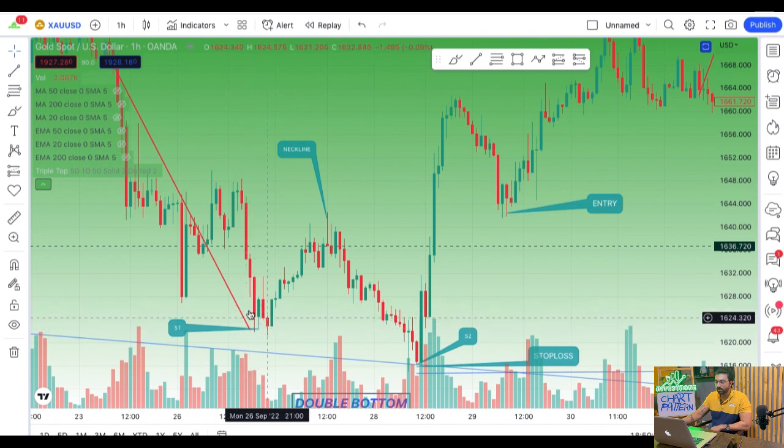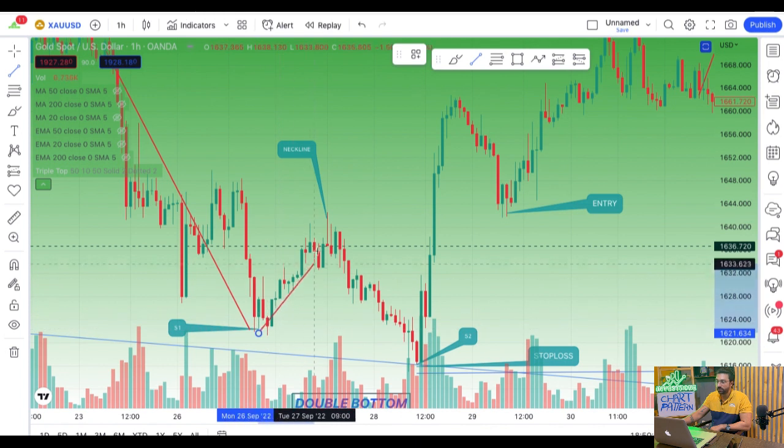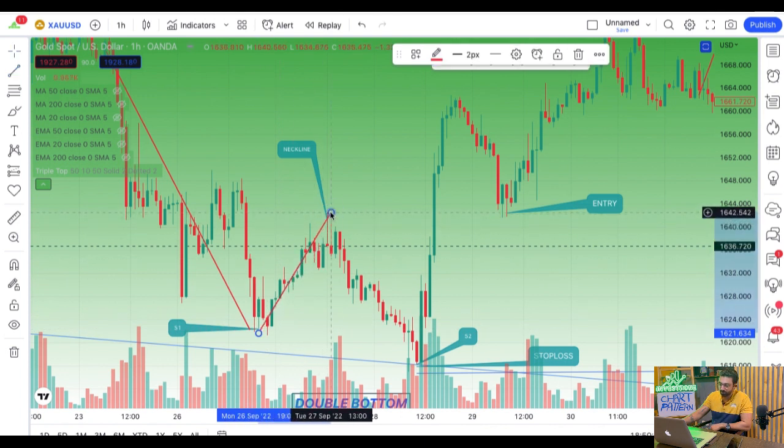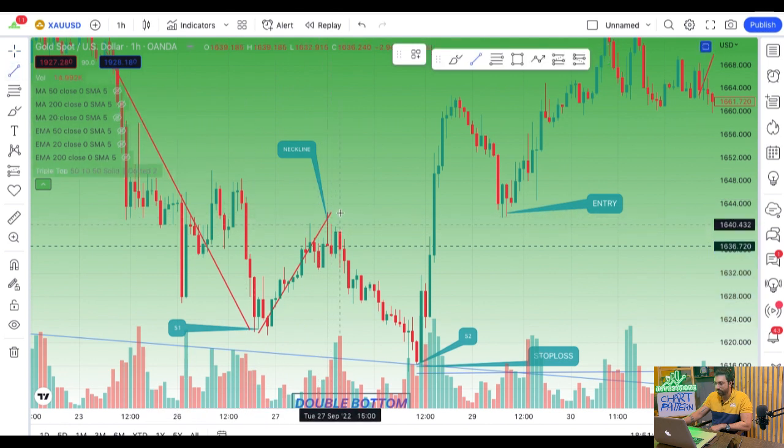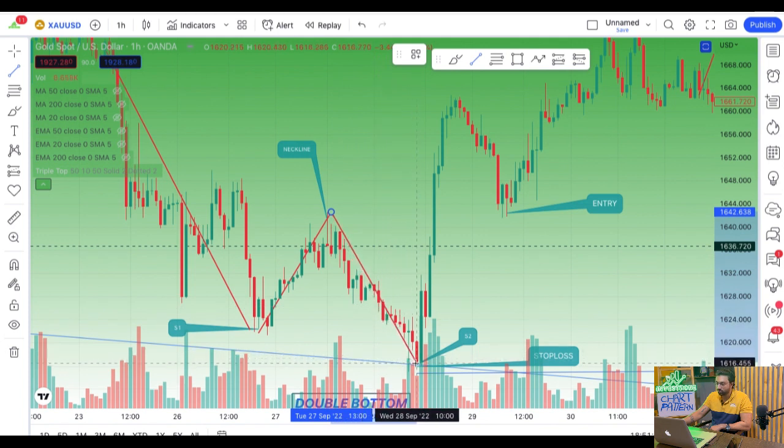Here the buyers were active. They pushed the market back up. Market got a support, here buyers were active, they pushed the market back up again. From there, sellers pushed the market back down again to the support level.